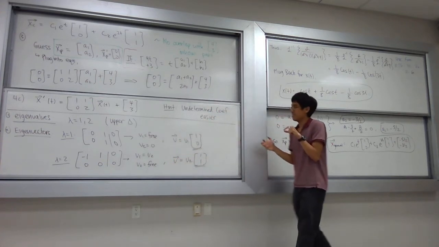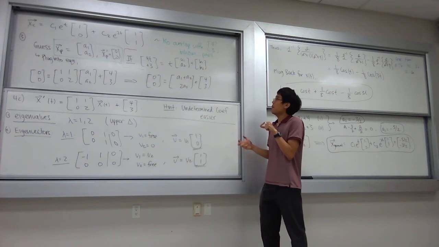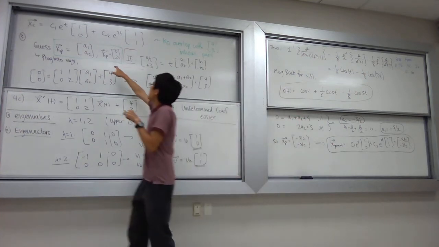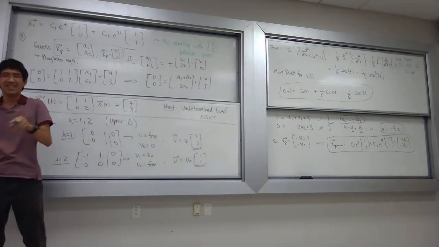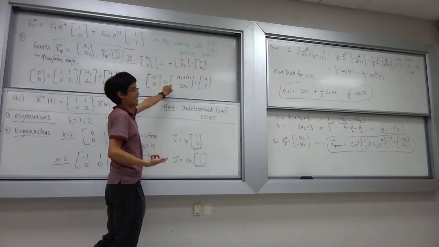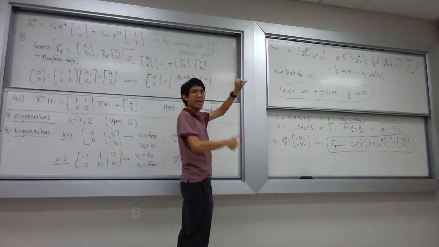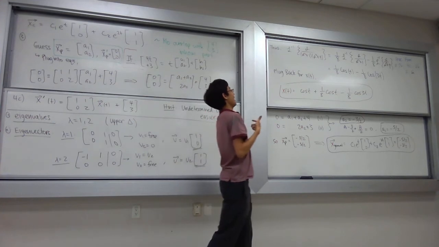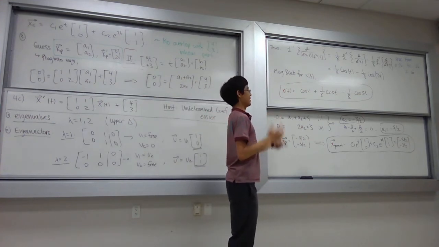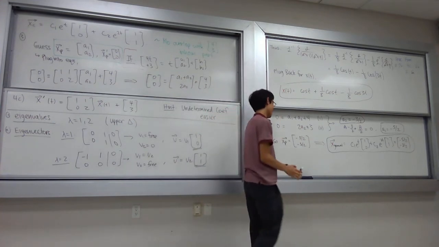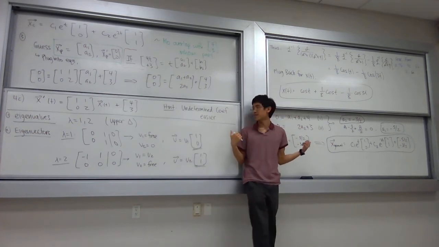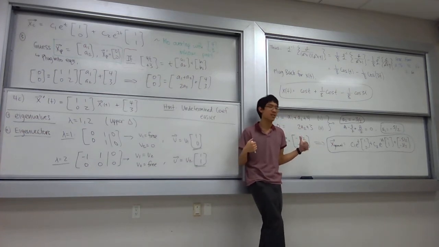That's where it changes. Then take the derivative of your guess, plug it into your equation, get your system of equations, split it up by row and function type, and then solve your constants. So that's the game plan for undetermined coefficients in vector form.